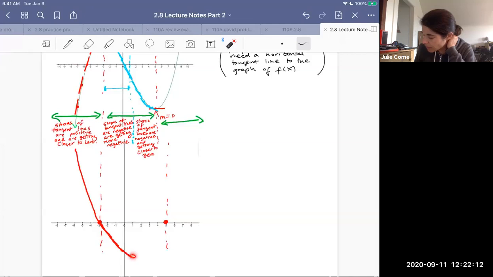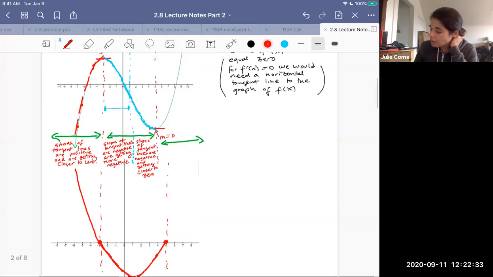My slopes are negative, but now they're starting to get less negative. They're starting to get closer to 0. Maybe that's going to be something like this. And again, this is an approximation.